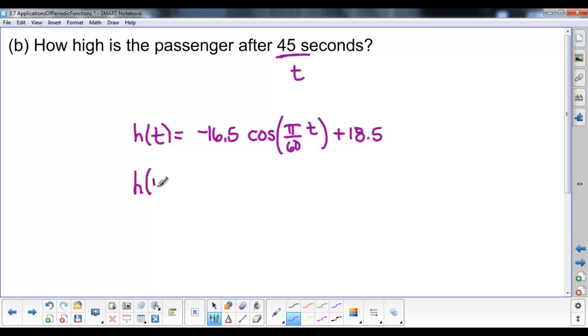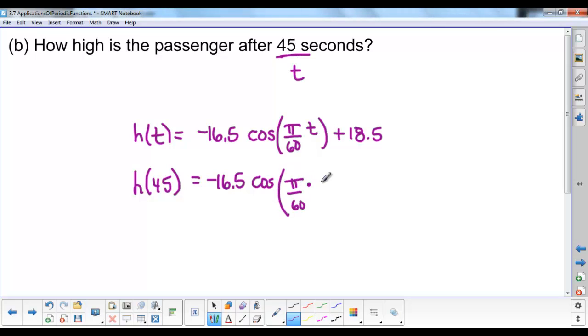So our height at 45 seconds is equal to negative 16.5 cos pi by 60. Now here's where we're subbing in t. Remember, it's pi by 60 times t, so pi by 60 times 45, and then plus 18.5. So we'll simplify now.